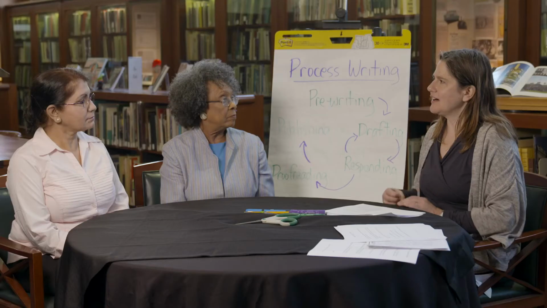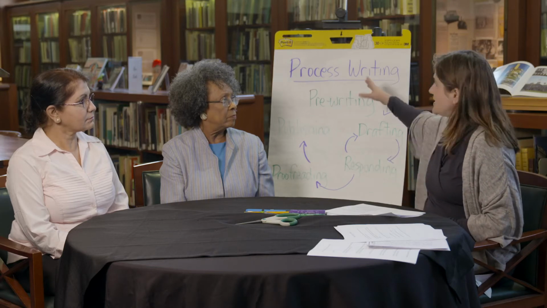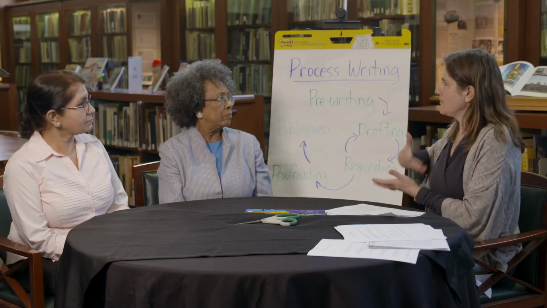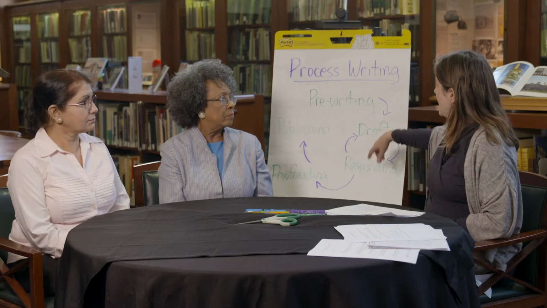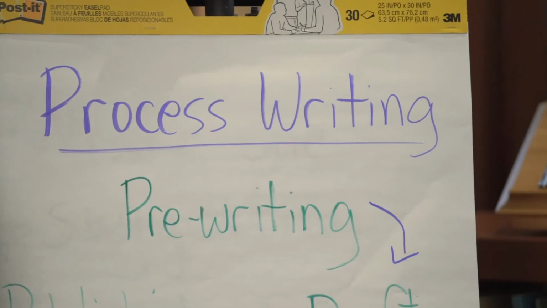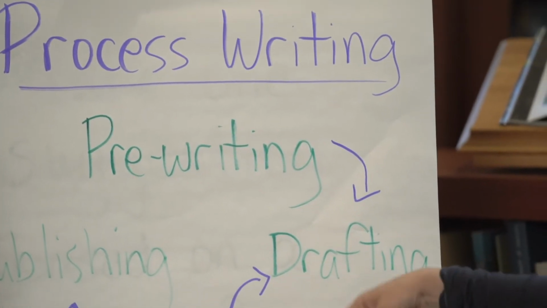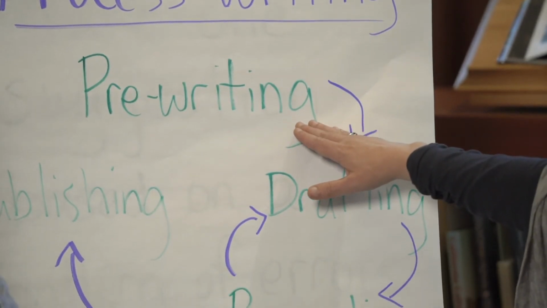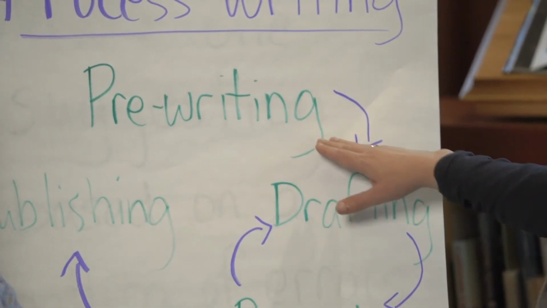So we'll be doing a strategy for responding to writing. And I want to just point out that this is one piece of a process, process writing, which I know that we've worked on before and looked at. So we're going to be looking at a piece of learners' writing today that's been through the pre-writing cycle of writing.